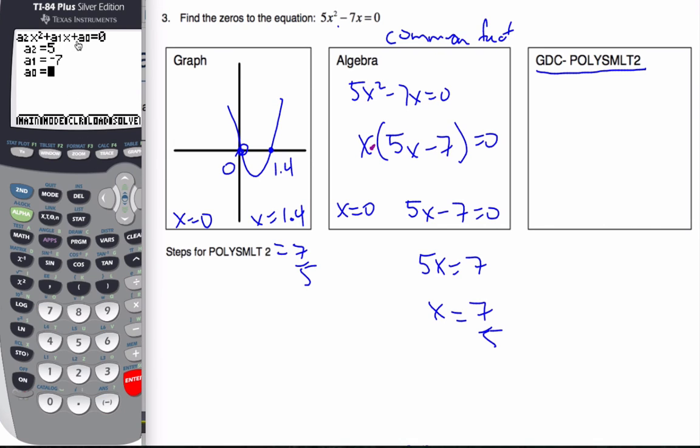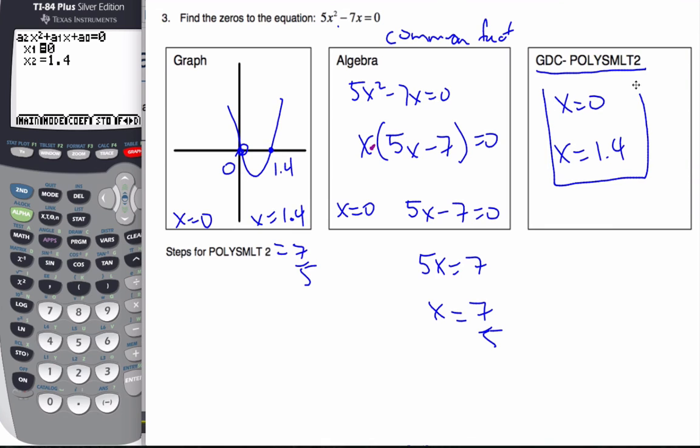And then A0 is the constant term that has no x, and there is none there, so I have to hit 0 for that. Enter it, and then I hit solve by hitting the graph button, and I can clearly see that x equals 0 and x equals 1.4 as my 2 solutions, or the 2 zeros of this equation.